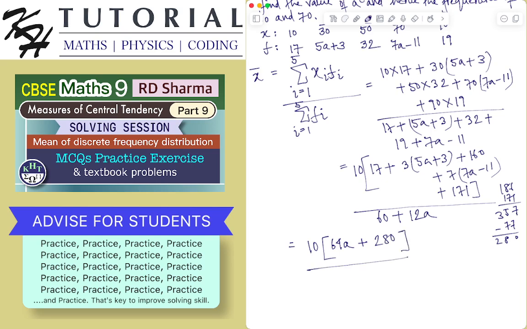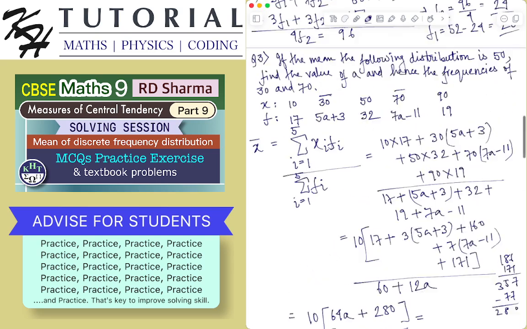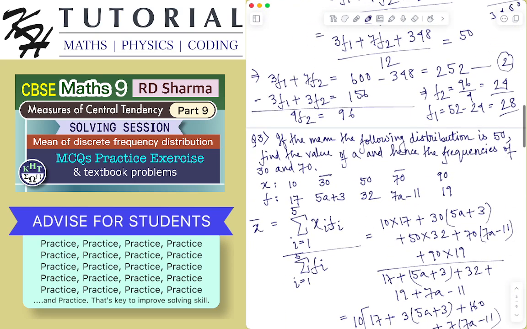divided by 60 plus 12a. This is given to be, the mean is given to be 50.